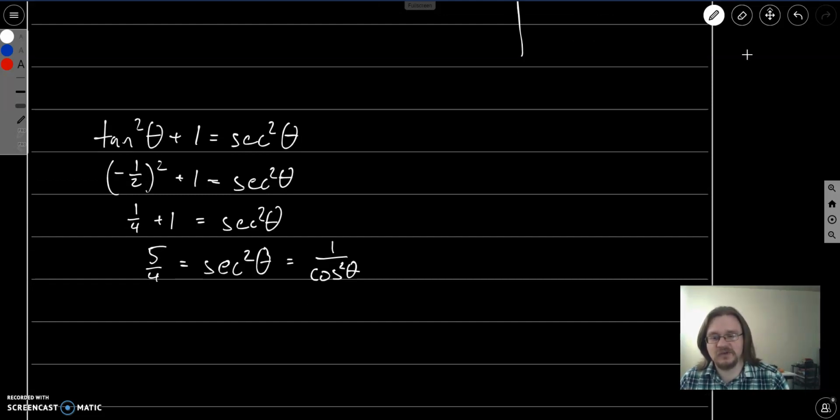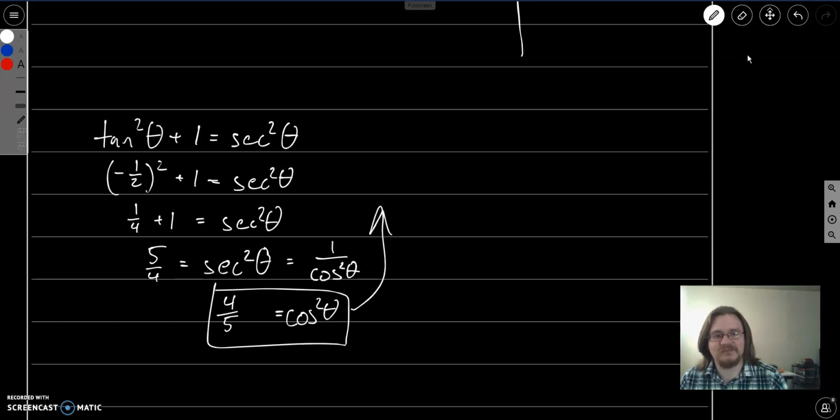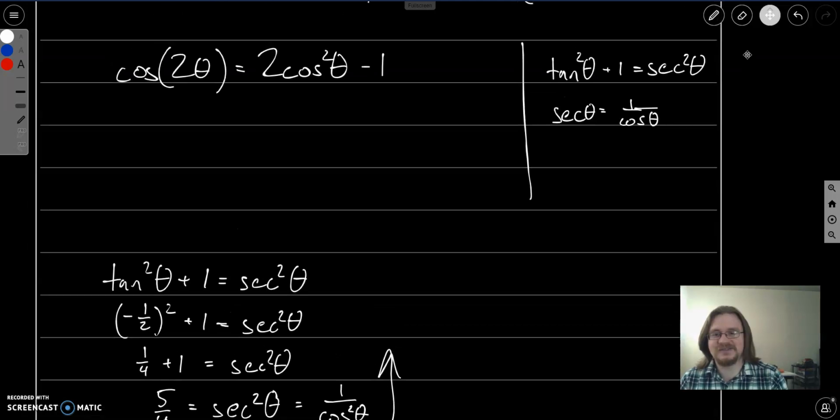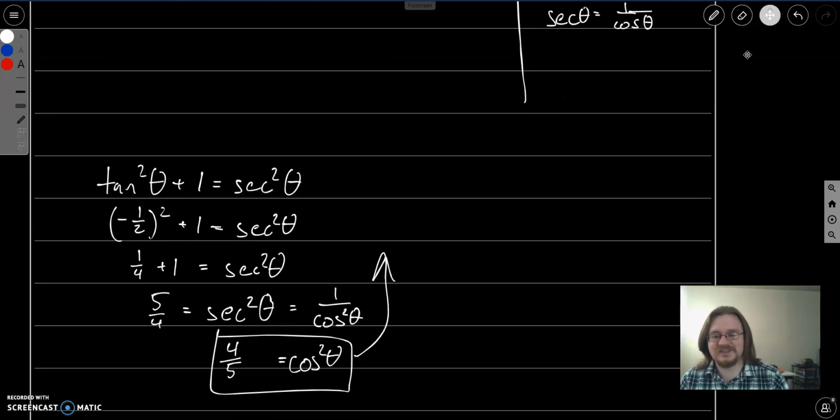If I take the reciprocal of the right-hand side, I just get cosine squared. If I take the reciprocal of this side, 5/4 becomes 4/5. And that's what the cosine squared is. And this, I can plug in. Cosine squared is just 4/5.